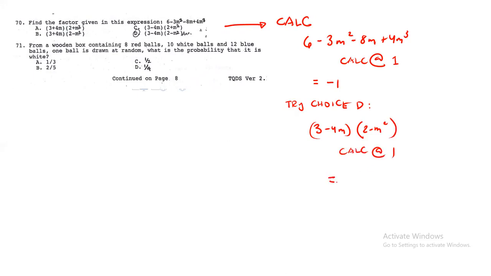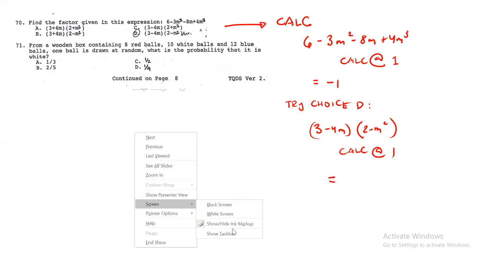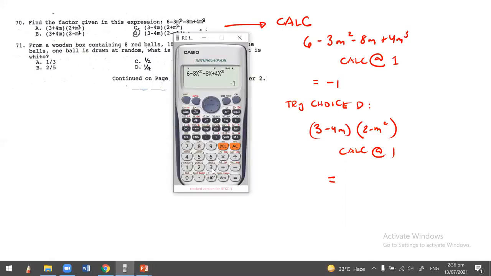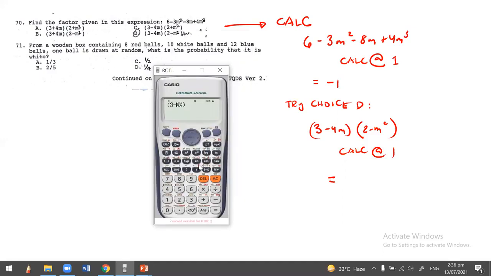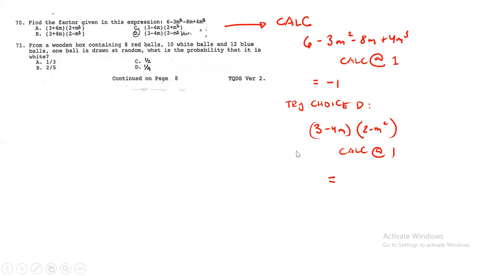So syempre ang sagot dyan, so try natin. 3 minus 4 alpha x, then multiplied by 2 minus alpha x squared, calc 1, so negative 1. So, ibig sabihin, tama tong sagot na to. Ito yung answer. Letter D.